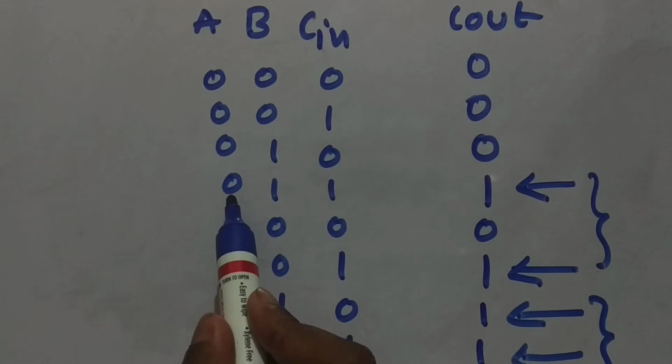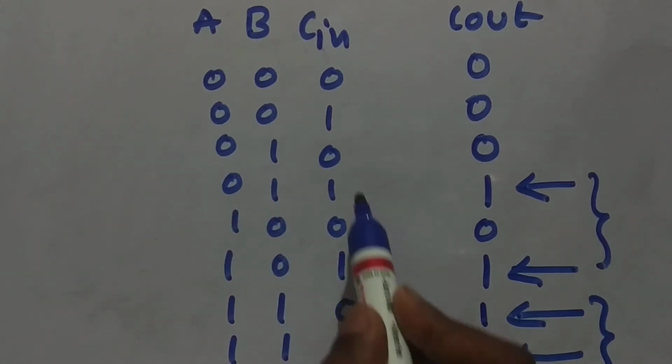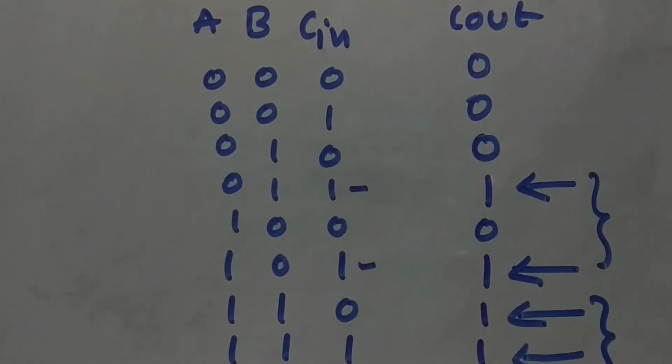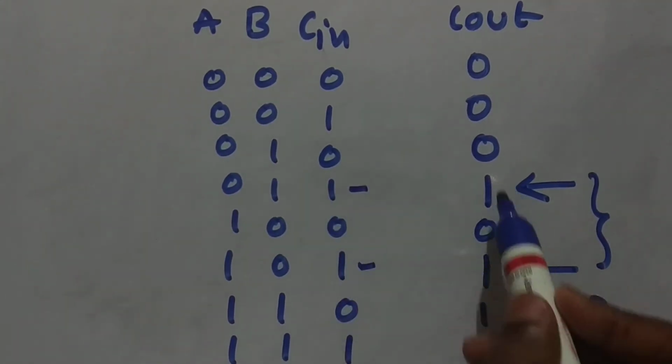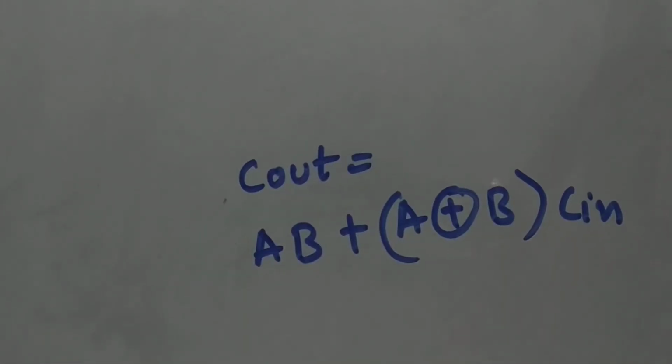Whenever A and B are complements of each other and C in is 1, we are getting the value of Cout as 1. And in this case, whenever A and B are 1, irrespective of Cin, the carry is 1. So by this we can write the equation of Cout as AB plus (A XOR B) Cin. So this is the general expression of Cout.